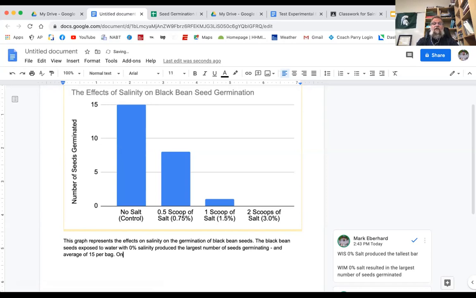On the other hand, the black bean seeds exposed to 3% salt water salinity resulted in no seed germination.